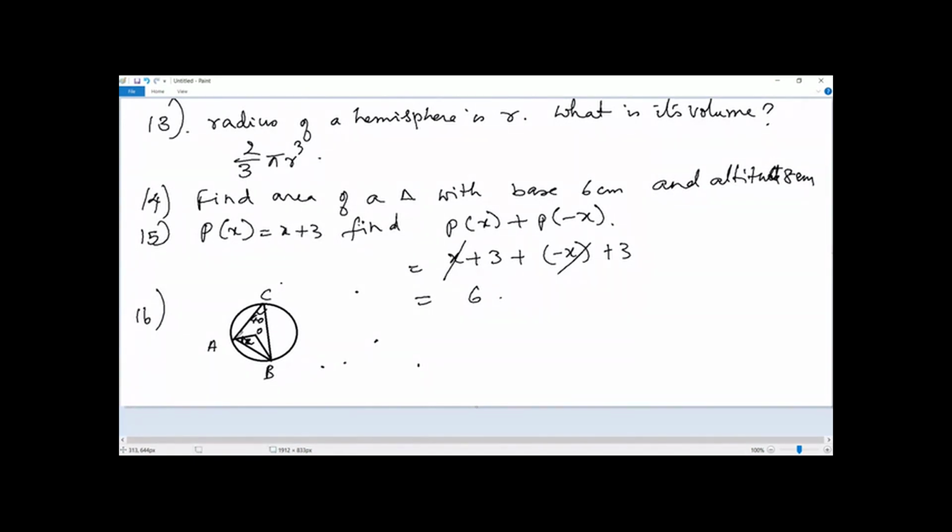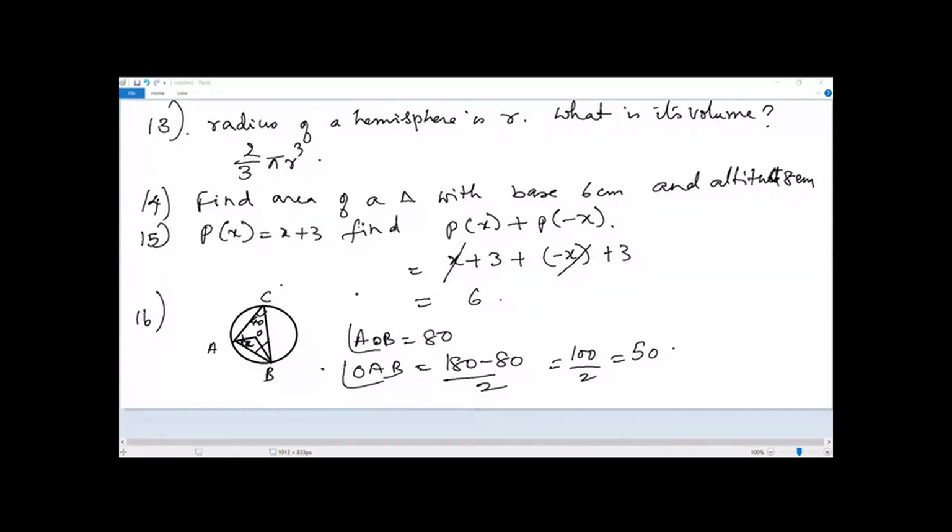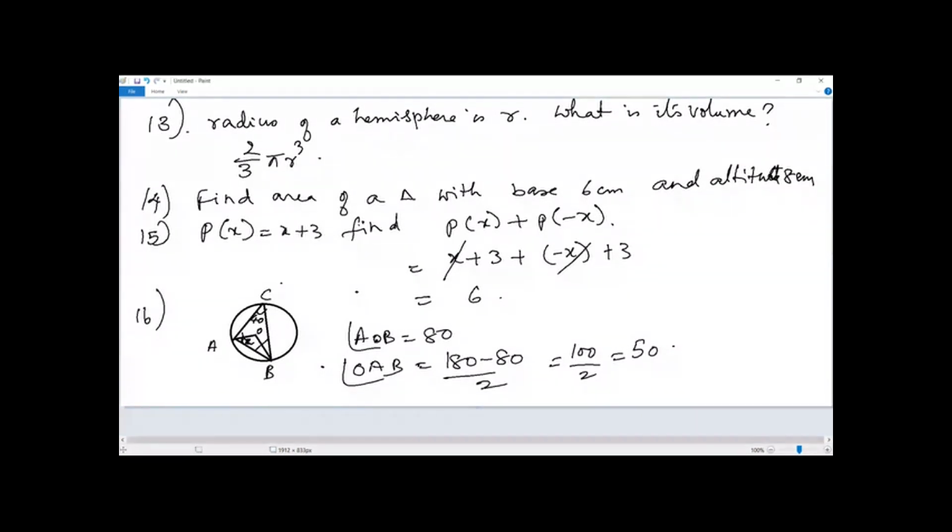So AOB is 80. So OAB is 180 minus 80 divided by 2, because OA equal to OB. So 100 by 2, 50. Correct.